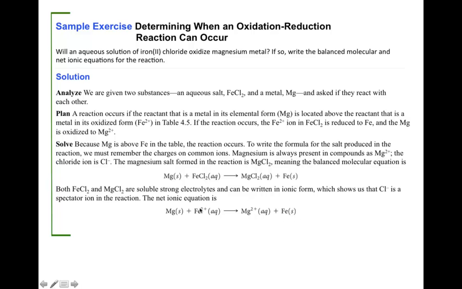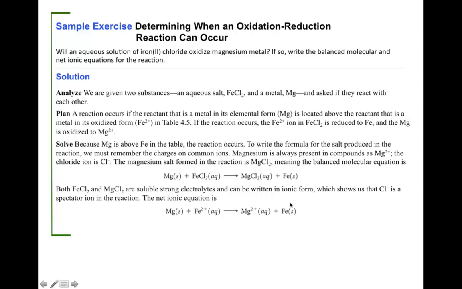In this way, we can see that the oxidation number of magnesium, which here is in an elemental state, is 0. It turns from 0 to plus 2. So the oxidation number increased, which means that the magnesium was oxidized. While iron went from plus 2 to 0.